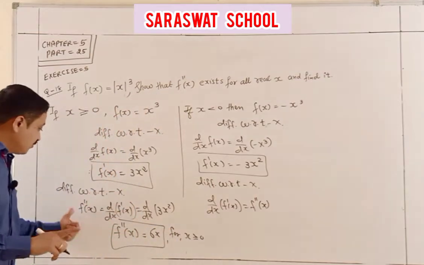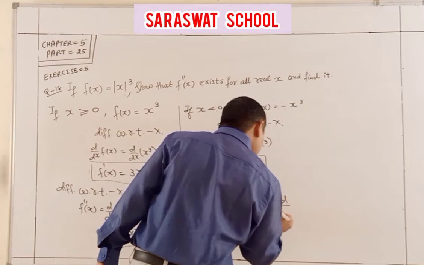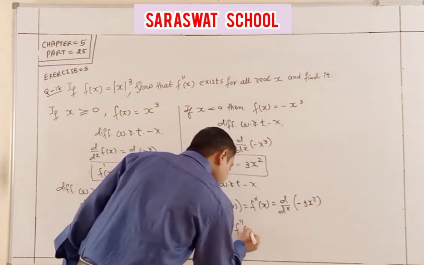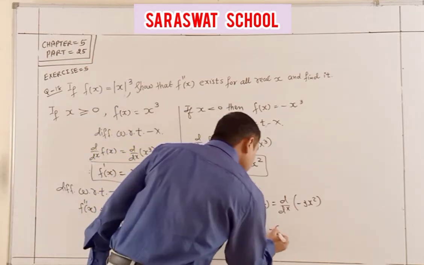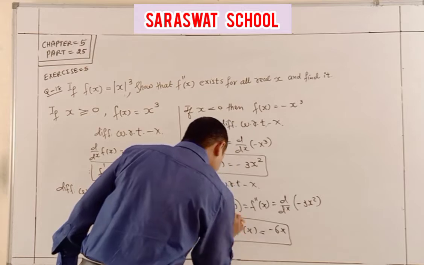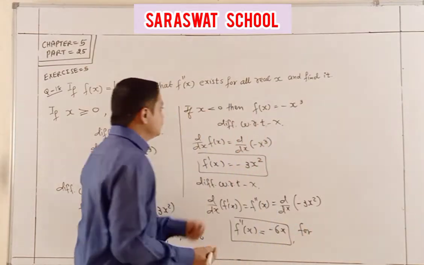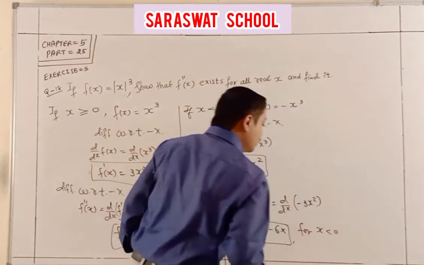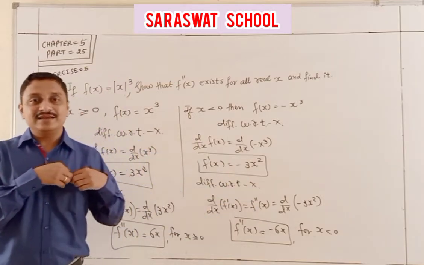And this side also d/dx of minus 3x square. So finally the double dash derivative is equal to minus 6x, and that answer is for only one condition. Which condition? The left hand side, x less than 0. Yes students, our first case and second case are easily done.